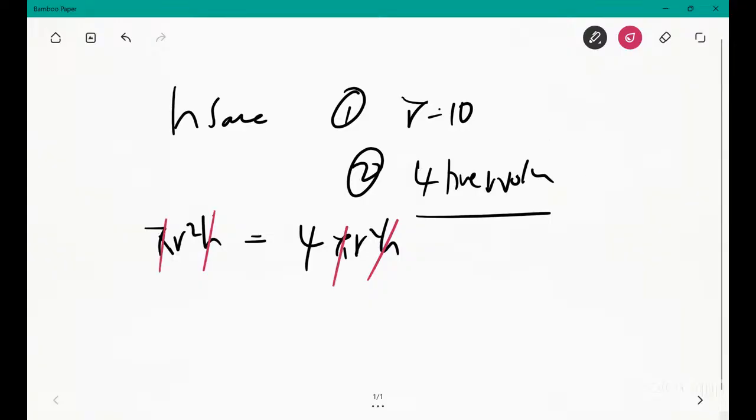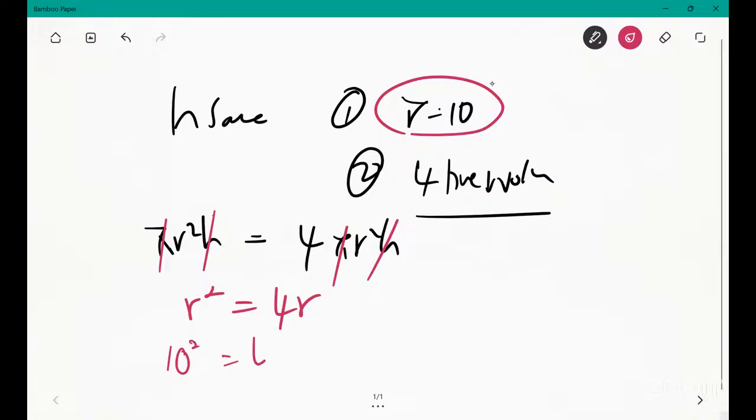Then the remaining is r squared equals 4r. And this one's r is 10. So 10 squared is equal to 4r. So 100 is equal to 4r. Therefore, r is 100 divided by 4, which is 25.